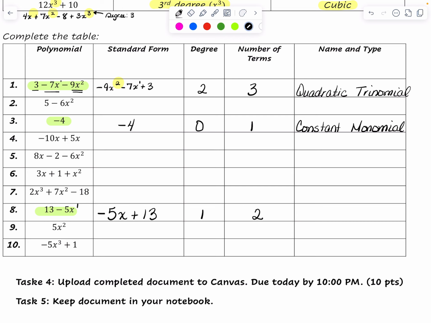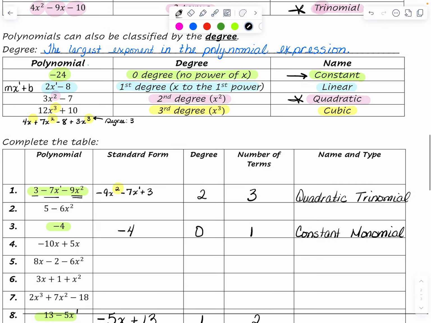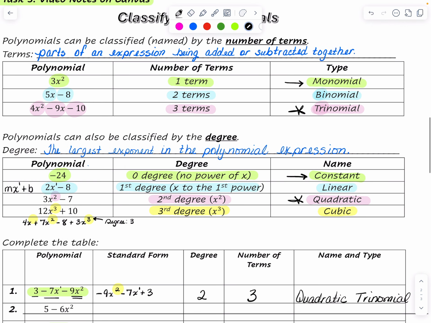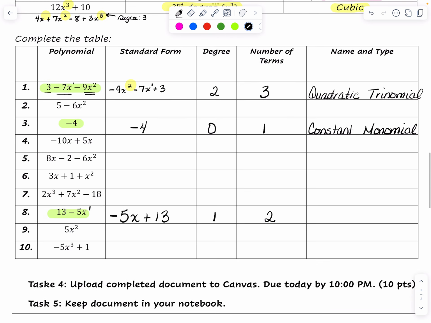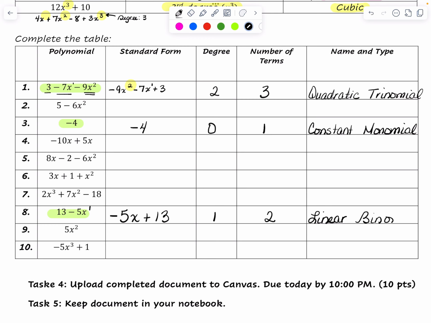Since the exponent on this one is 1, let's go right back up here. If it has a degree of 1, it is linear. And it has 2 terms being added or subtracted together, so it's binomial. So this one here is linear binomial. Means it would draw a line graph.